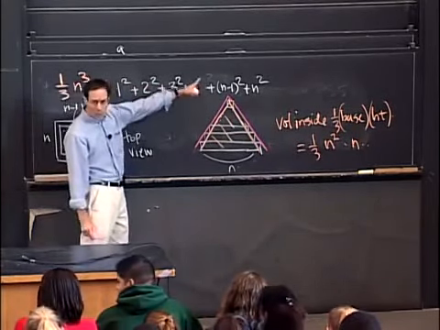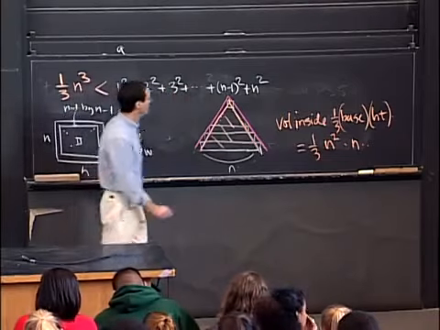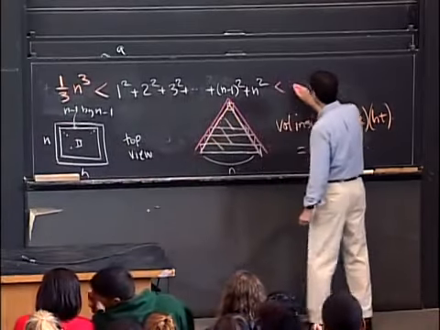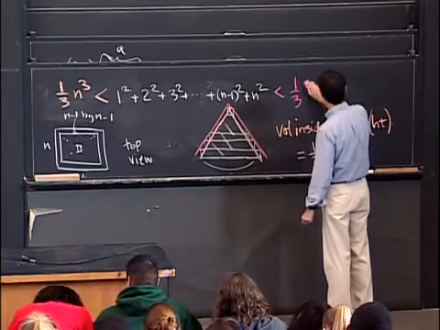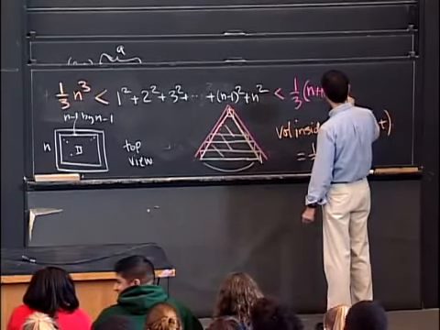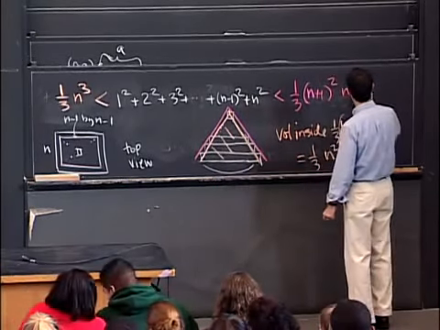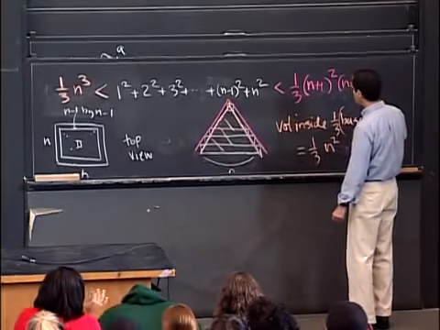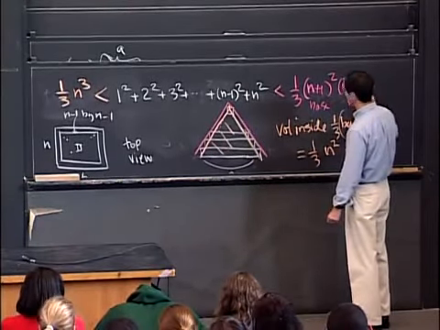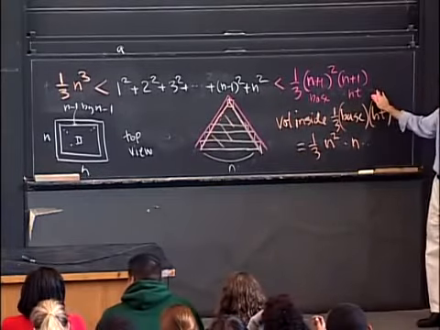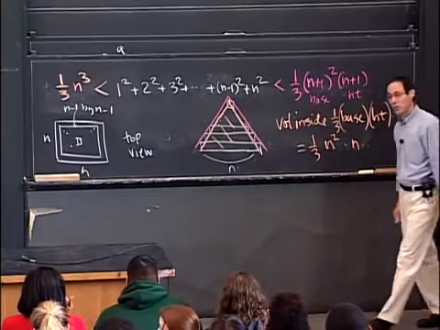And it'll go up 1 higher. All right? So on the other end, we get that this is less than 1/3 n plus 1 cubed. Again, n plus 1 squared times n plus 1. Again, this is a base times a height of this bigger pyramid.